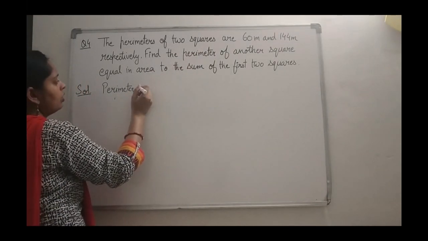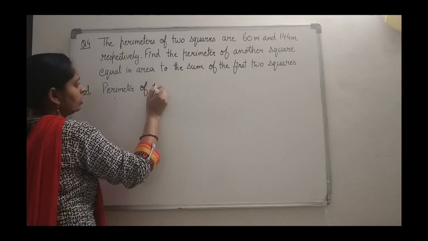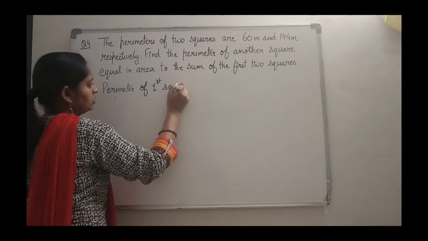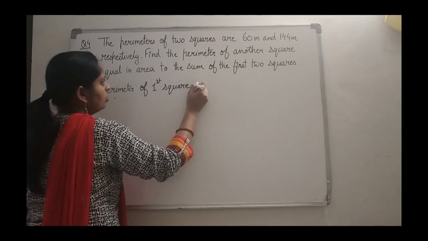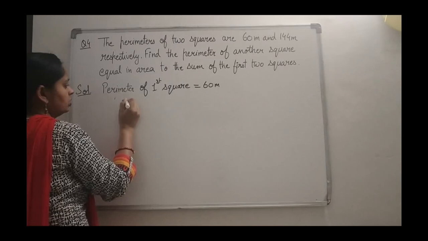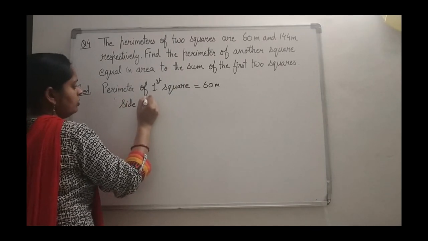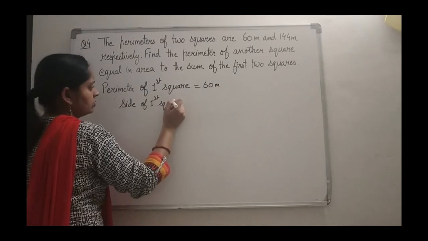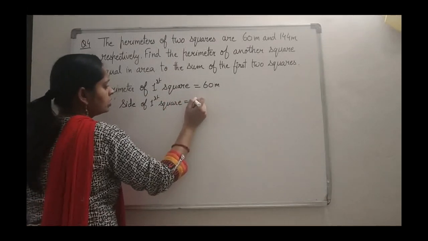So perimeter of first square. Perimeter of first square is given how much? 60 meter. So side of first square will be equal to how much?